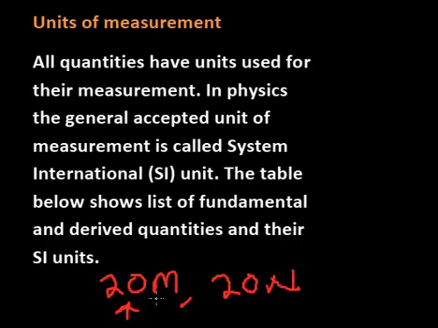Once I see meter, I know the person measured length. If I see newton, I know it belongs to force. Every measurement has a unit. For the fundamental quantities, we use fundamental units, and for the derived quantities we use derived units.